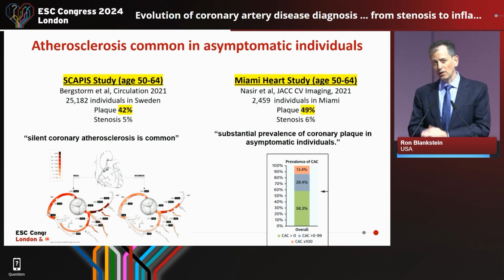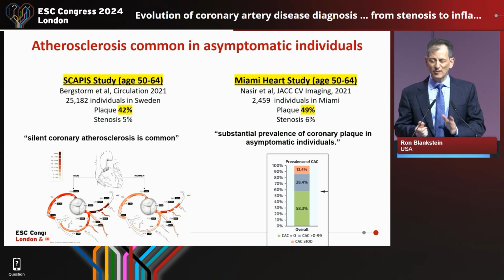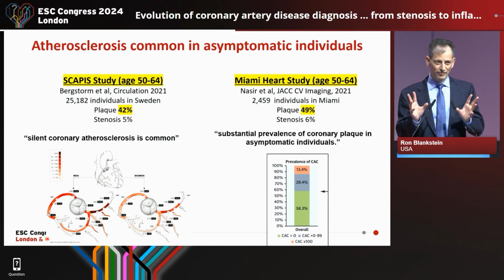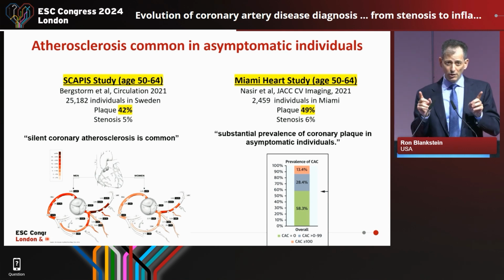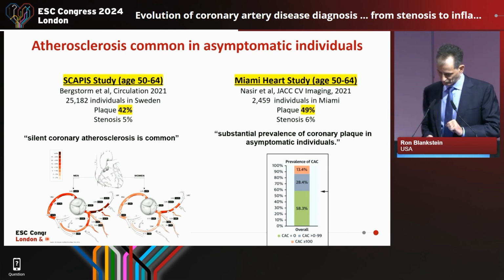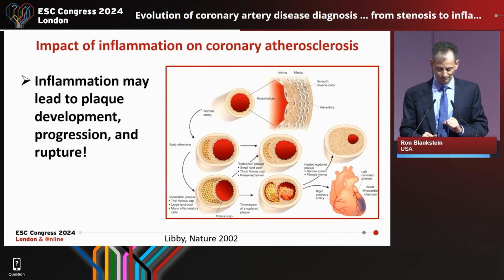In the US, the largest asymptomatic cohort that's been followed is the Miami Heart Study, showing similarly about 50% of patients have plaque. So plaque is widely prevalent, but we do need approaches to know which individuals who have plaque are at higher risk. With that background, let's turn our attention to inflammation.